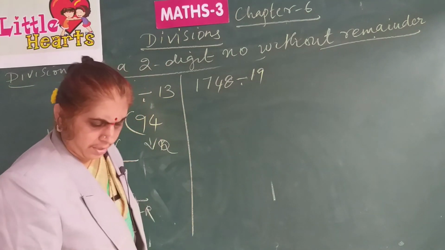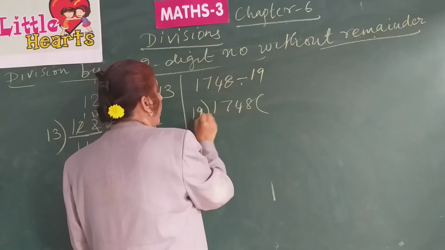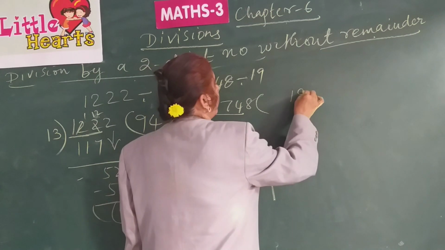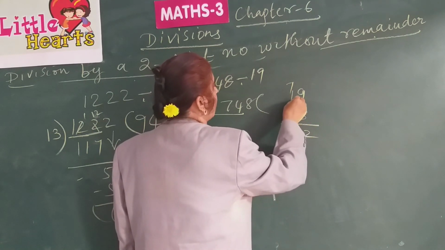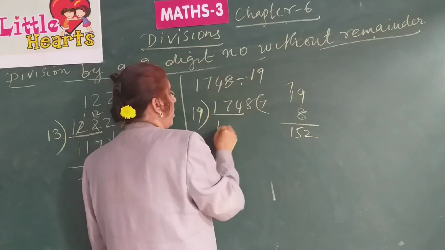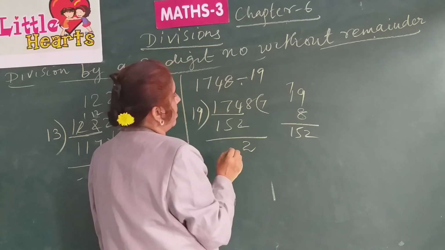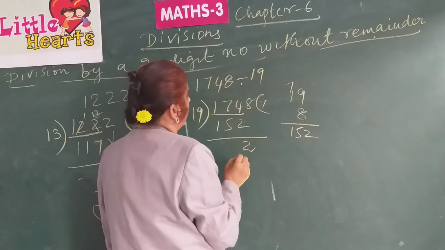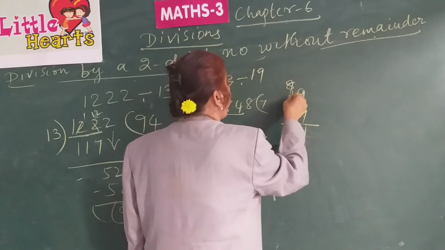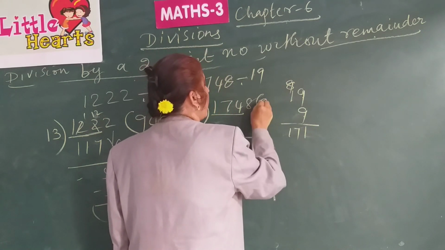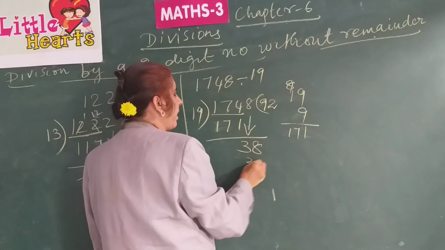1748 divided by 19. The divisor is 19. As 17 is less than 19, take 3 digits. 19 tens are 190, 19 eights are, we shall check. 19 nines are 171, 174 minus 171 is 3, bring down 8. 19 twos are 38.